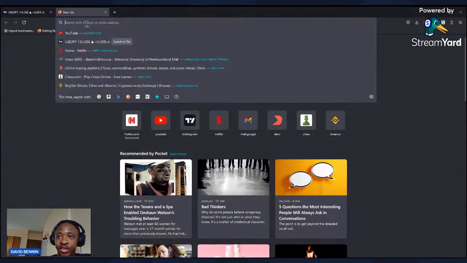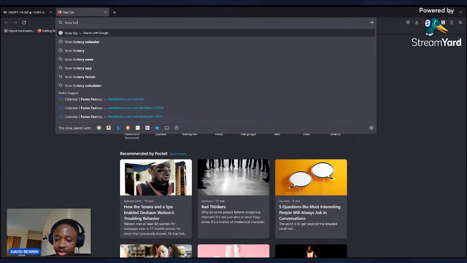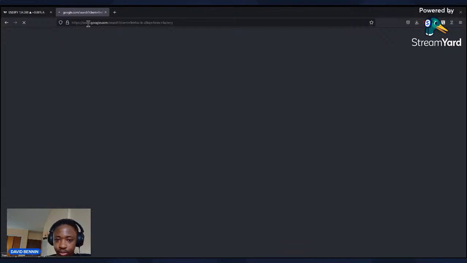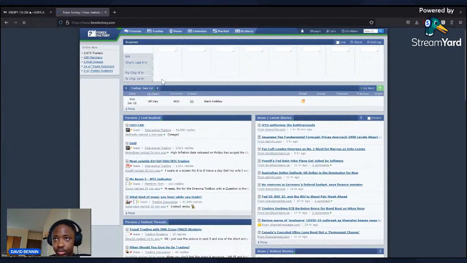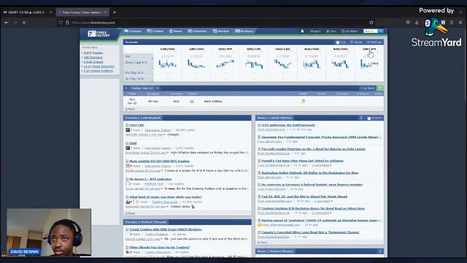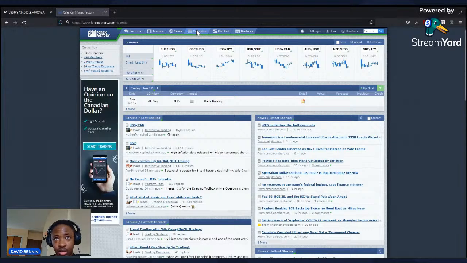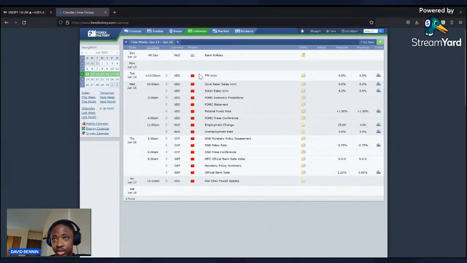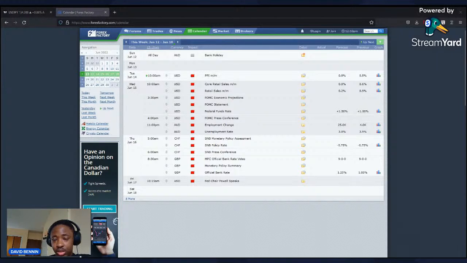So let's quickly look at the Forex Factory calendar. So this is this week. All right, so this week we don't have any major JPY news.